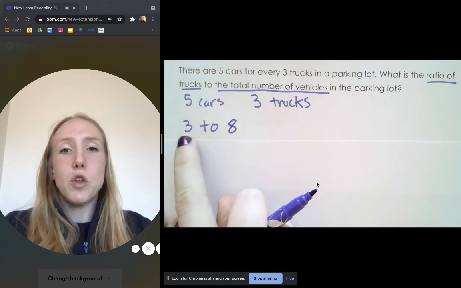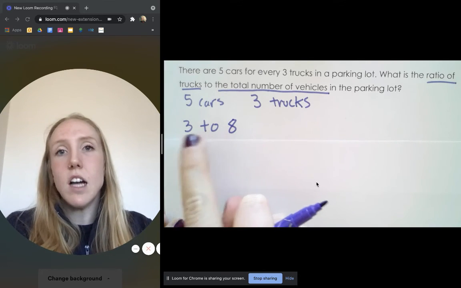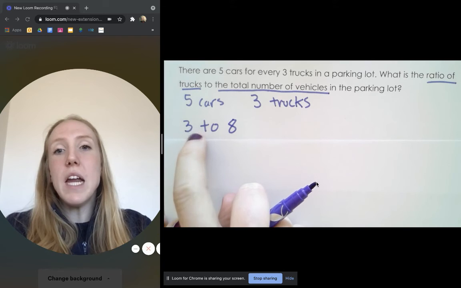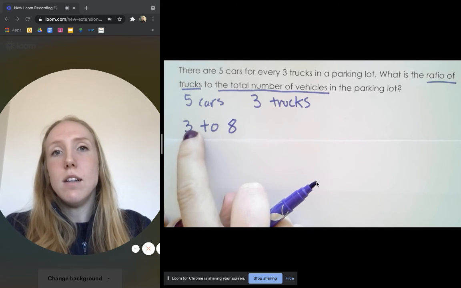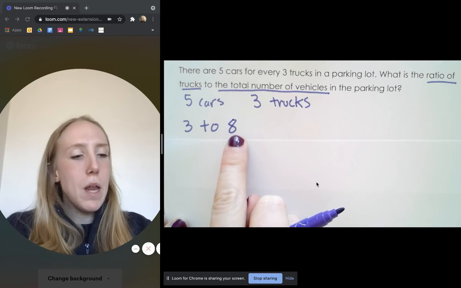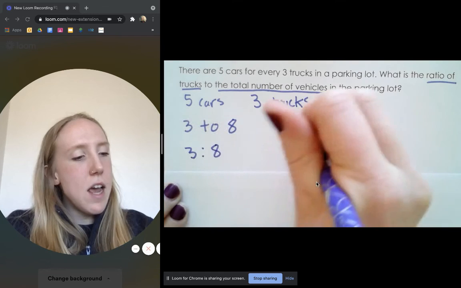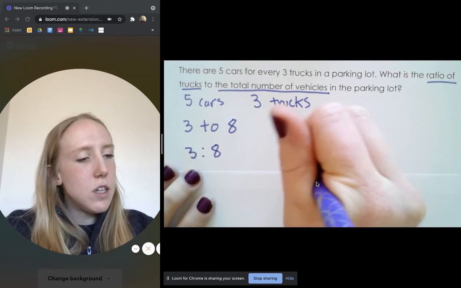So the ratio of trucks to total is 3 to 8, because for every 3 trucks, there are 8 total vehicles. And the other ways that we can write this are 3:8 and 3 over 8.